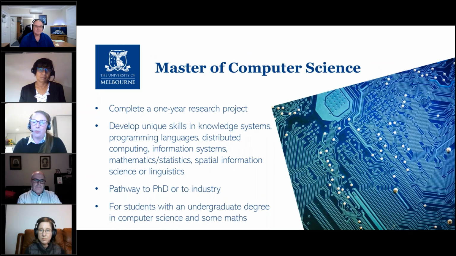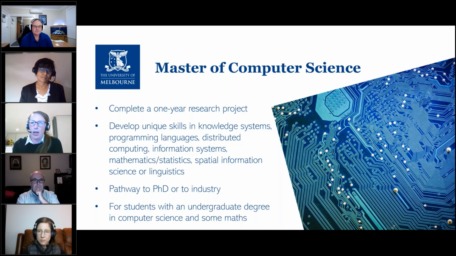And then the Master of Computer Science. A lot of students, when we speak to them, say, I want to study computer science, but what they actually mean is IT or IS or software. But at the University of Melbourne, computer science is a particular course. It's a 1-year research project in a 2-year course, for those students who are really looking to deep dive into research as a pathway either to industry or to a PhD.